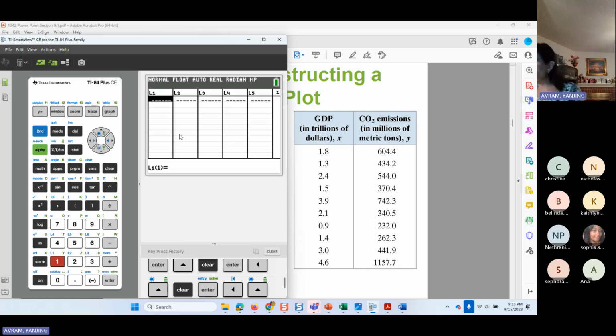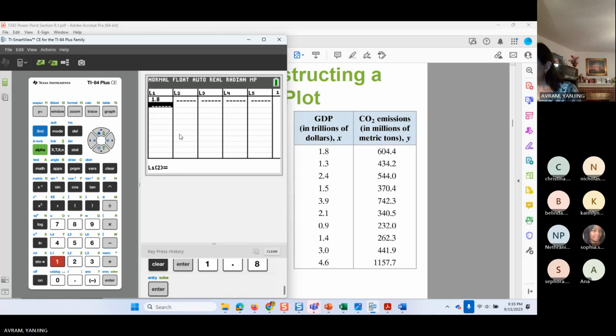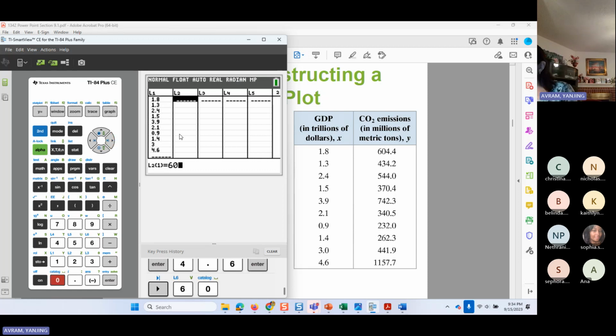So this is 1.8, 1.3, and that is my L1. My L2 here is 604.4.